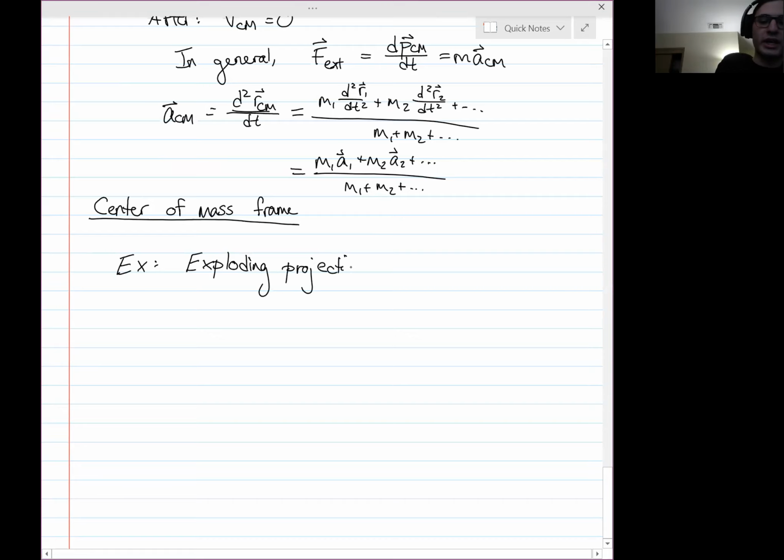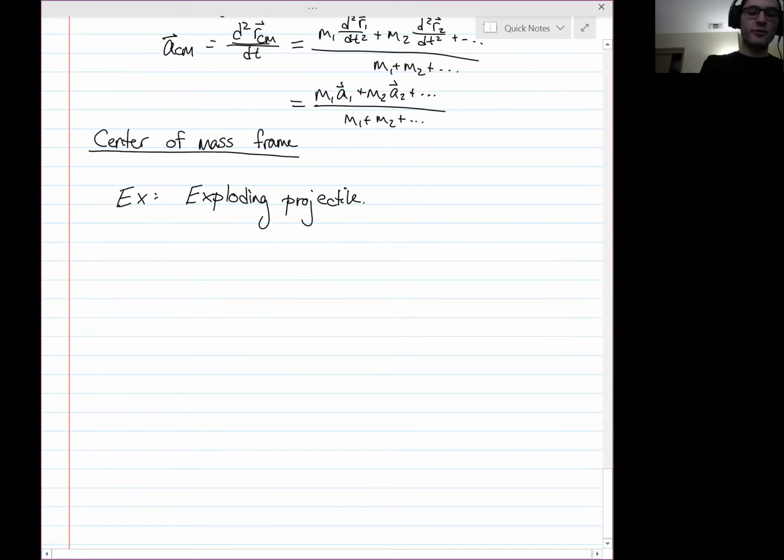So let me just give a quick summary of this. Let's say you have a hemisphere connected by a spring to another hemisphere, and let's say it's launched at some velocity, at some angle, right? And then maybe when it gets to the top of its arc, it separates.